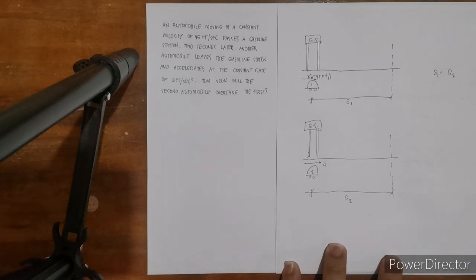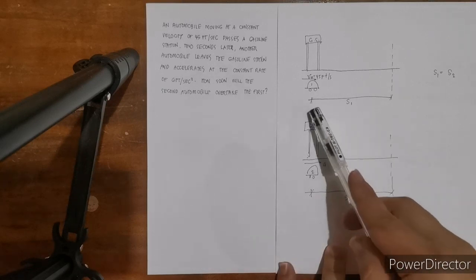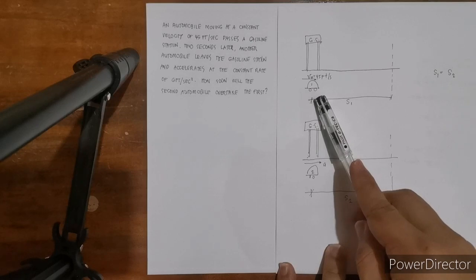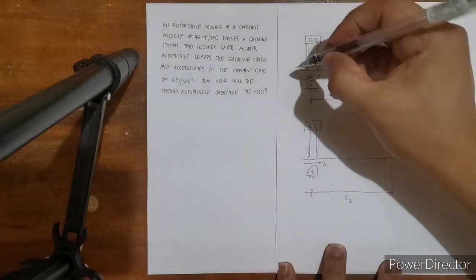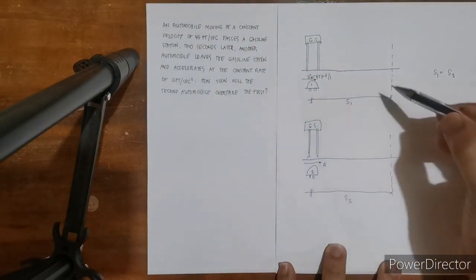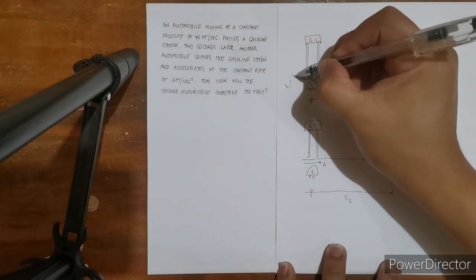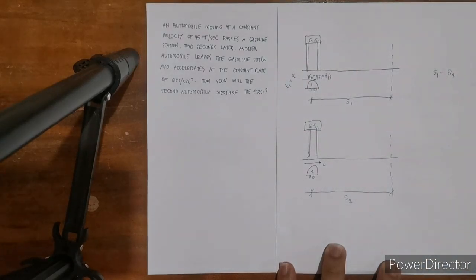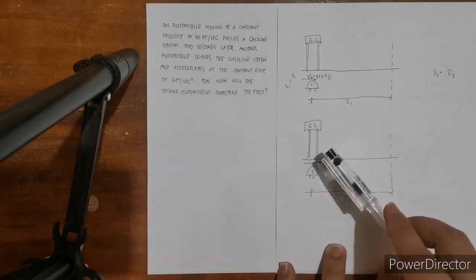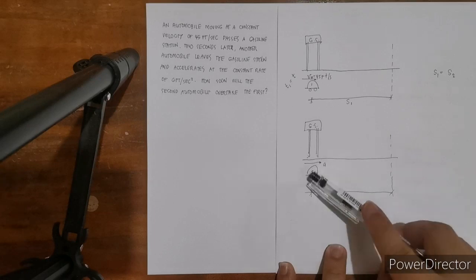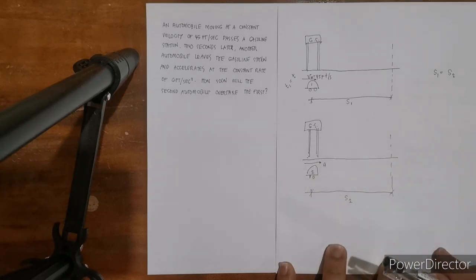But, ano yung catch natin dito? Ang una magta-travel po ay yung ating first automobile. So, let's say, from this point to this point, yung time ni first automobile ay time t. After 2 seconds, sabi dun sa problem, saka lang mag-start yung ating second automobile.